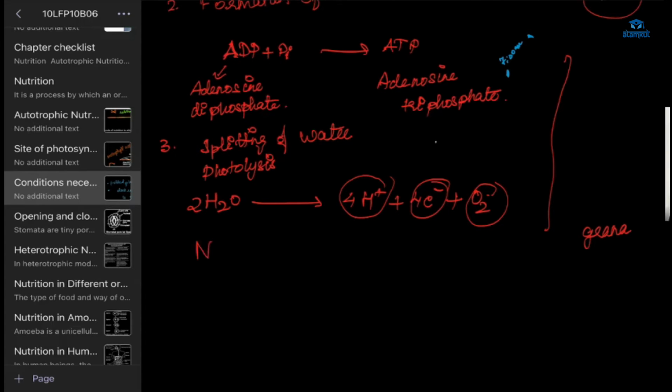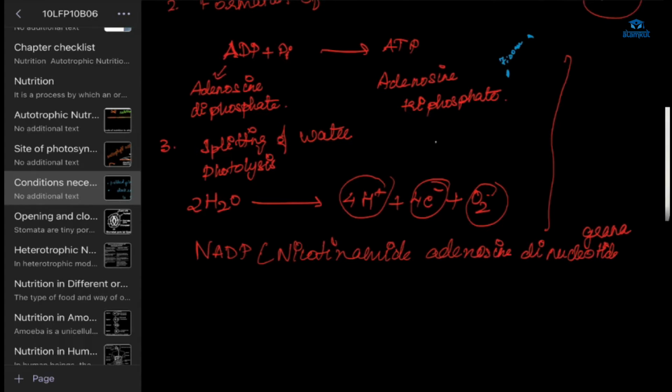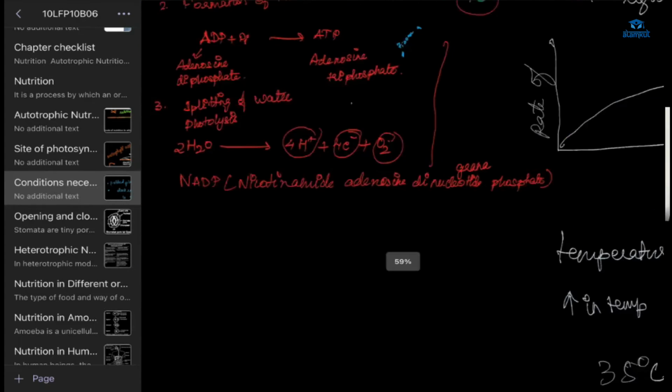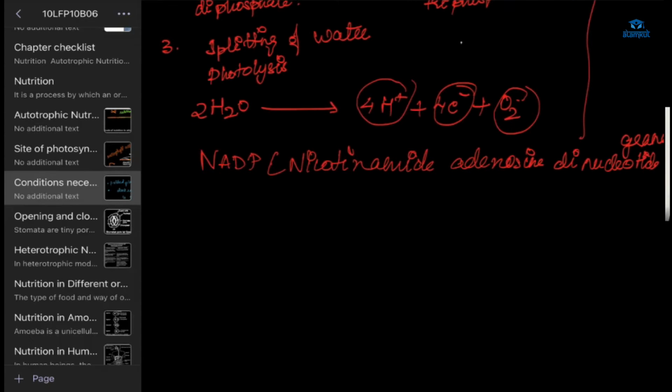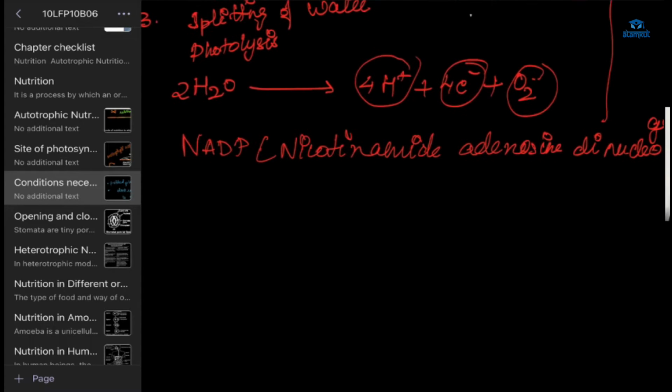So what happens? There is a compound called NADP, which is nicotinamide adenine dinucleotide phosphate. You don't need to memorize this. Just think that there is a compound called NADP. What happens here? NADP plus this electron, and this hydrogen we are getting from here, right?